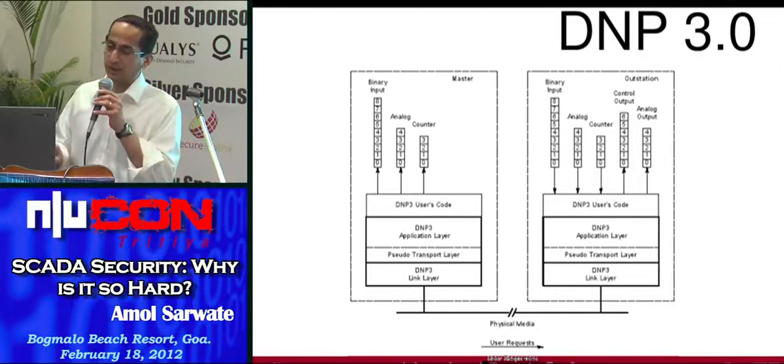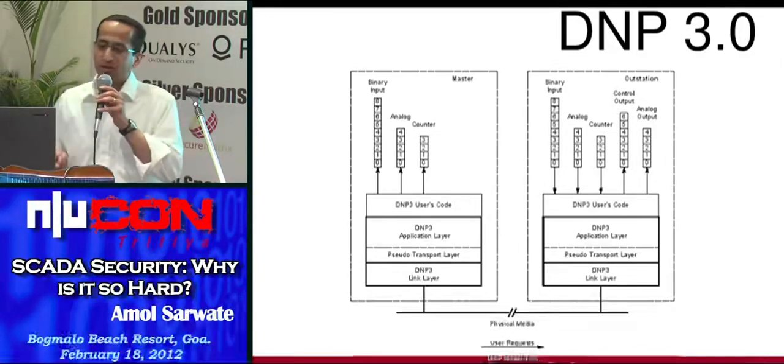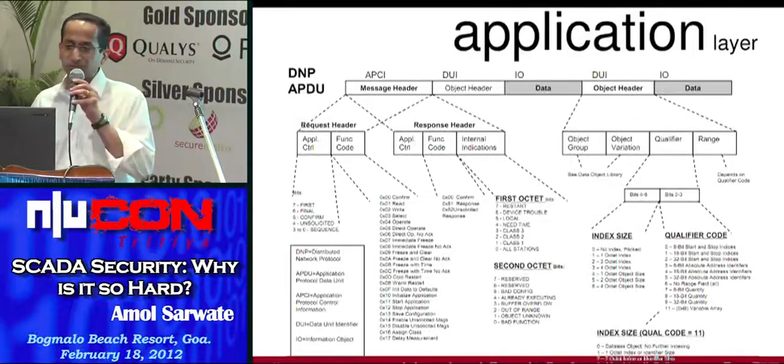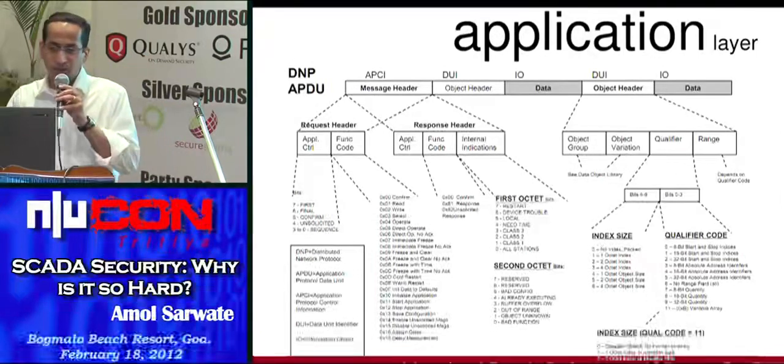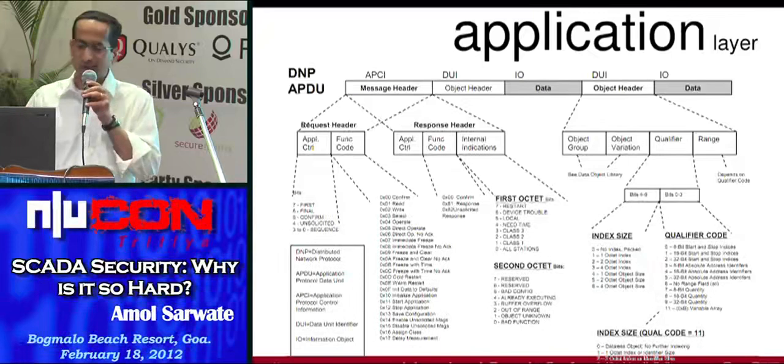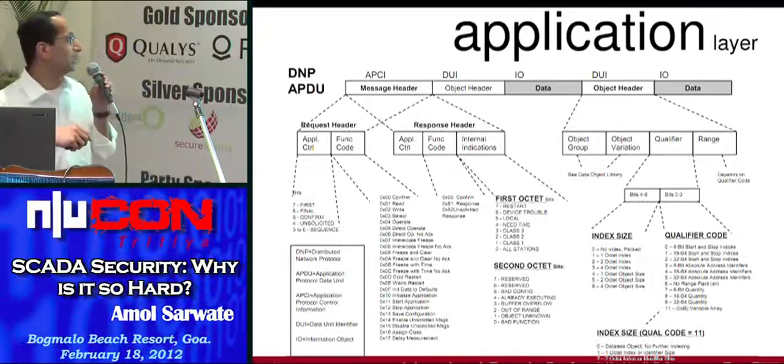So let's look at DNP3. DNP3 is a layered protocol. It has a link layer, a pseudo transport layer, and an application layer. This is the application layer packet. I'm not going to go into the details of each and every field here, but it is a little bit similar to Modbus, where there is a request header and a response header.